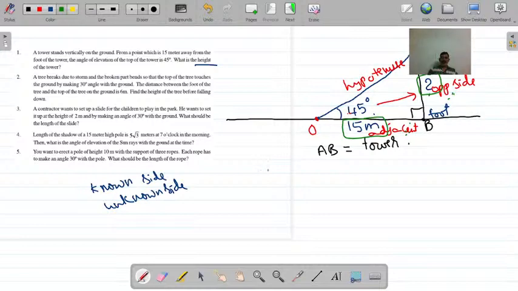So simply we write tan 45 is equal to, what is tan? Opposite by adjacent. Now actually for this you can draw a small figure.